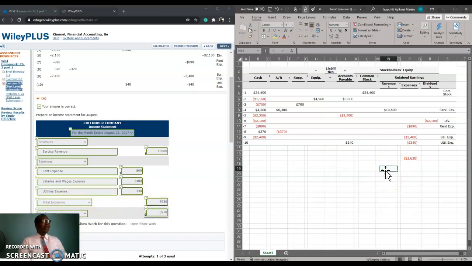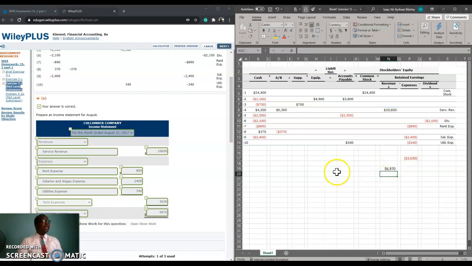Now, to get our net income or loss, we go to sum again, and then we pick our revenue and we add it to the expense. We add because the expense is already in red, which means it's already negative. And so if you put a negative sign, it will become positive. So in this case, you have to add.